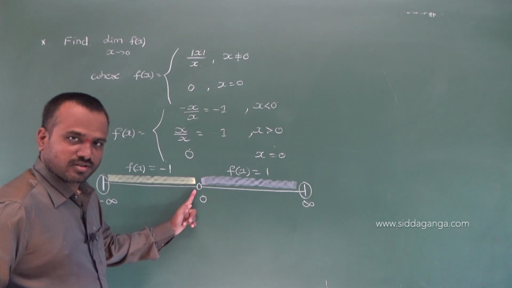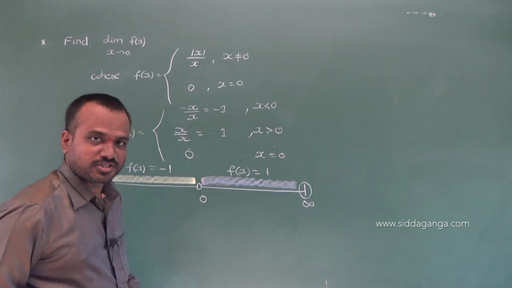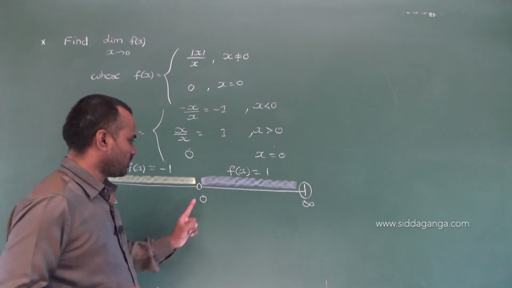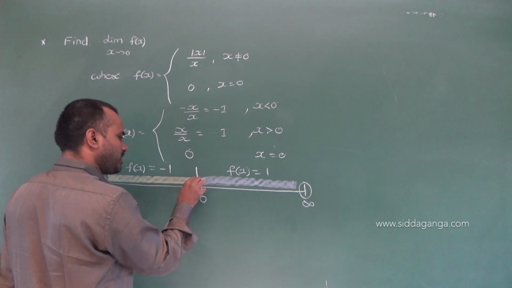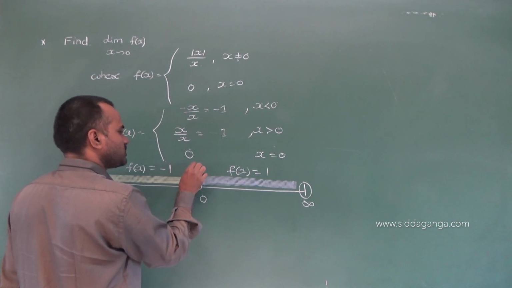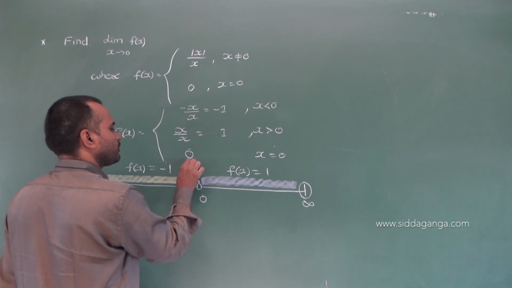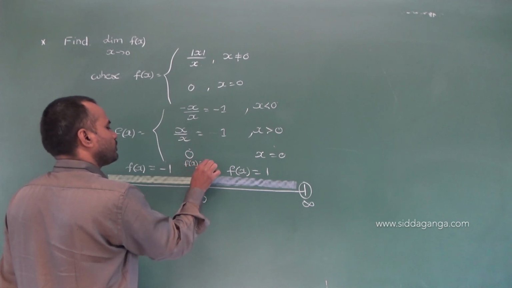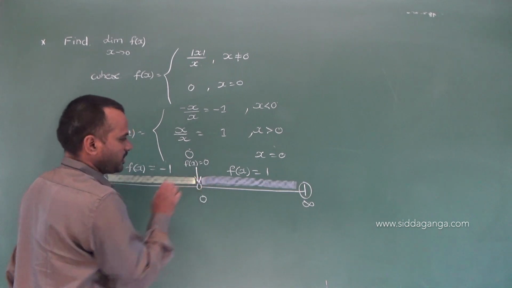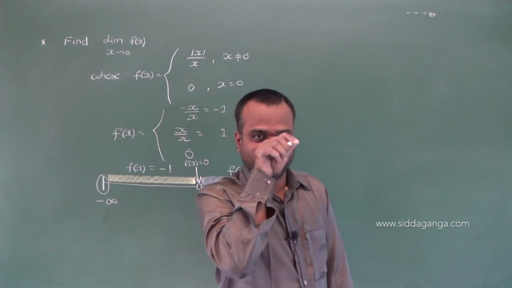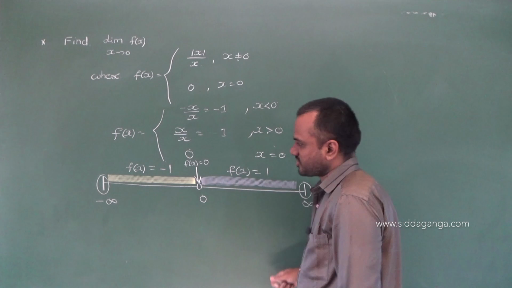Observe here, there is a gap. Less than 0, minus 1; greater than 0, plus 1. So at the particular domain x equal to 0, f of x is 0.